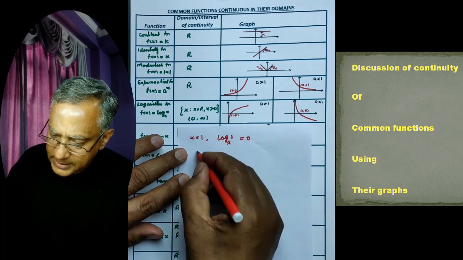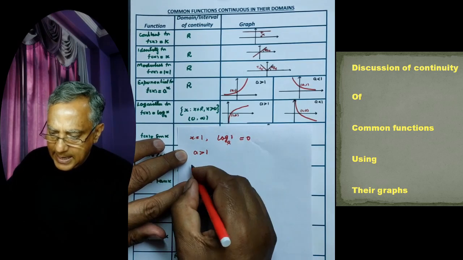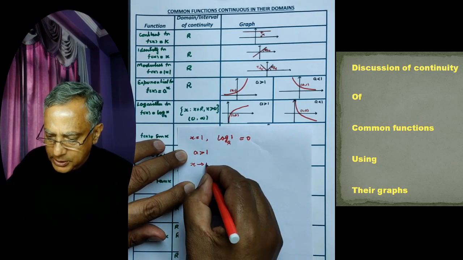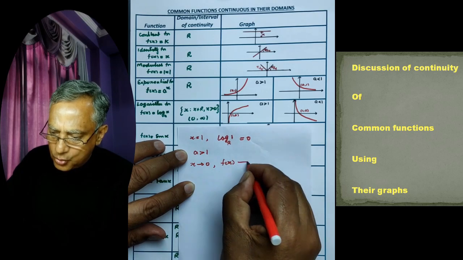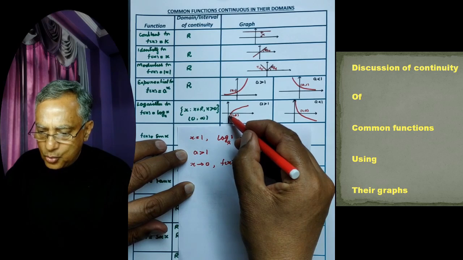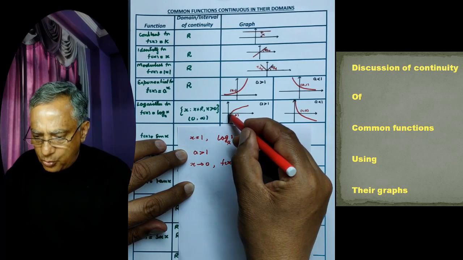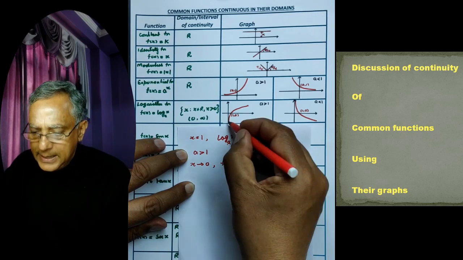And in this, for a greater than 1, what we notice, as x tends to 0, f(x) tends to minus infinity. As x is very close to 0, value of log will be minus infinity.